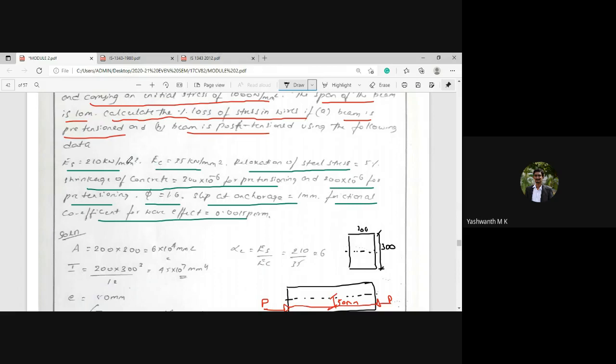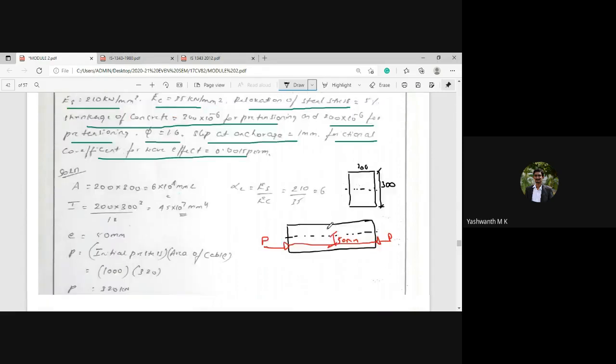In the examination, sometimes they vary the units. So please substitute based upon this. Since the units are the same, we can substitute directly 210 by 35, which is 6. If there is a change in the units, then you need to substitute properly and get the modular ratio. Is it clear? Fine. So let me proceed.